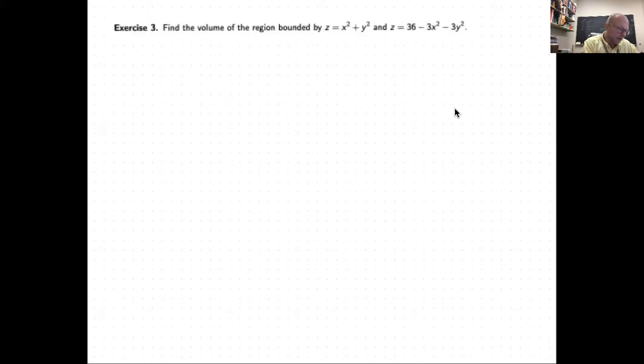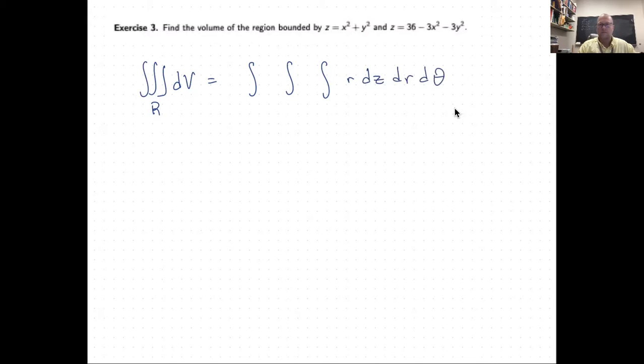So let me go ahead and write integral, integral, integral across the region dV. And then we're going to set up our integration. And we want to write down what our dV is. But because everything was circles, we're going to say r dz dr d theta.